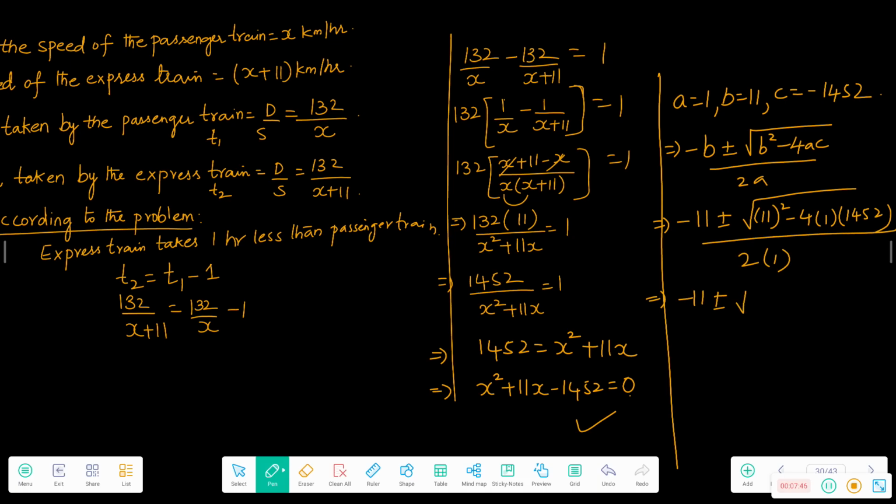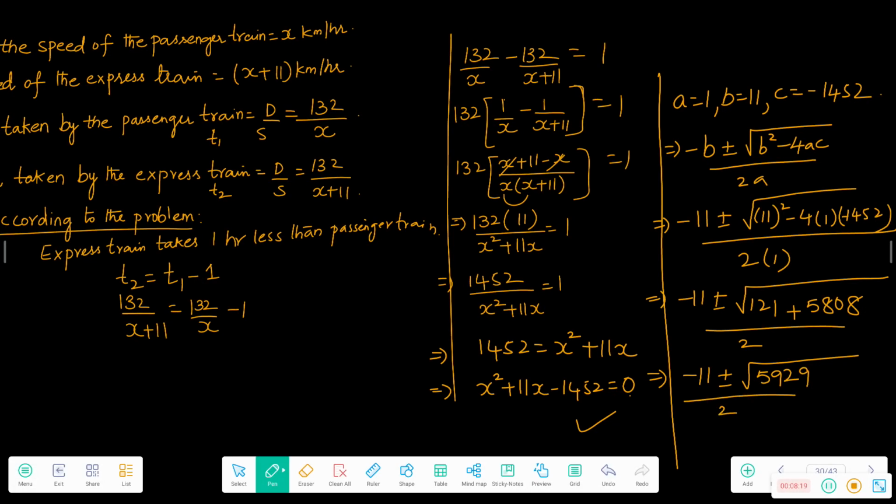That is 121 plus 5808, which gives 5929.